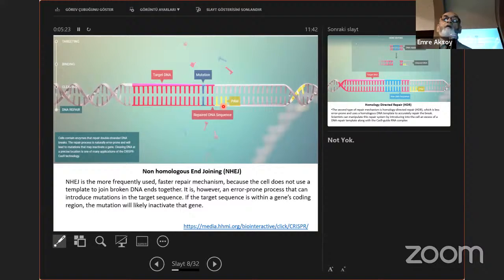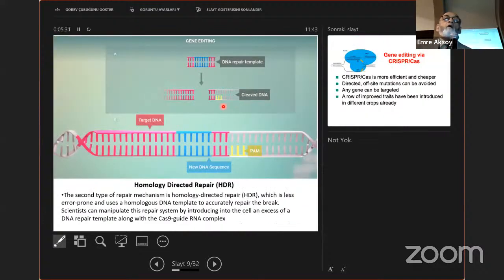If the target sequence is within a gene's coding region, the mutation will likely inactivate the gene. The second type of repair mechanism is homology-directed repair, which is less error-prone and uses a homologous DNA template to accurately repair the break.